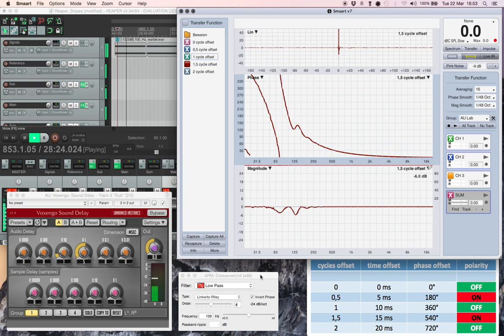So next up would be 2 cycles apart, no polarity flip.